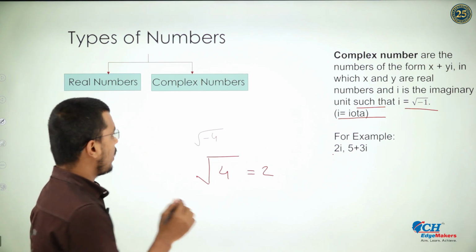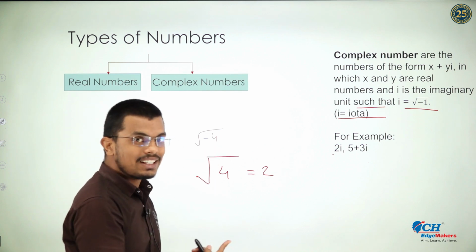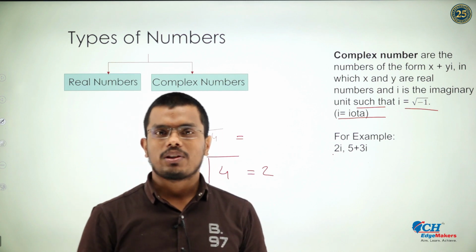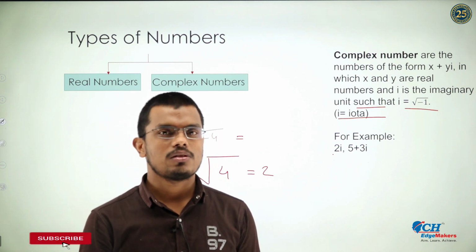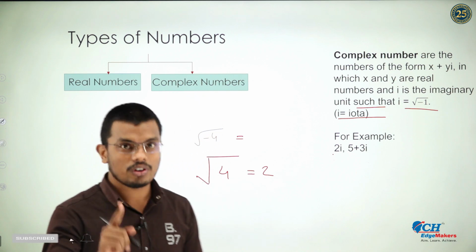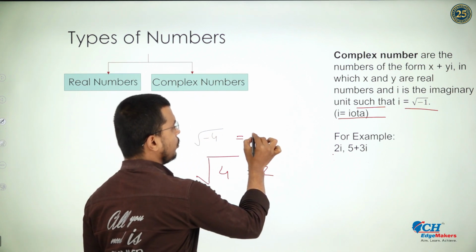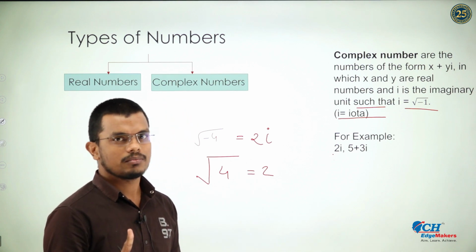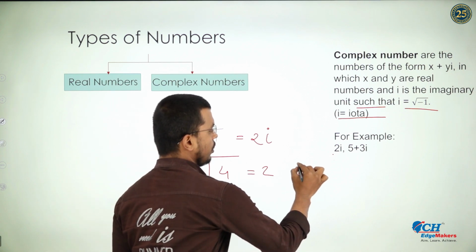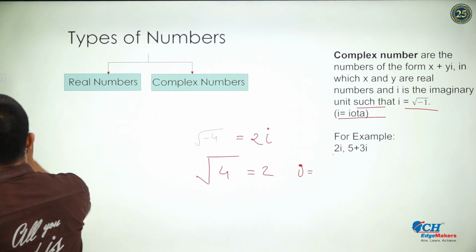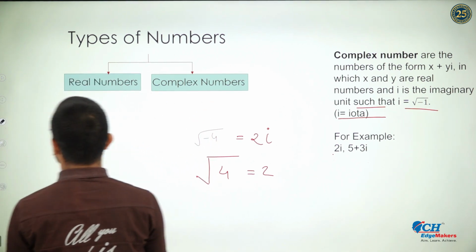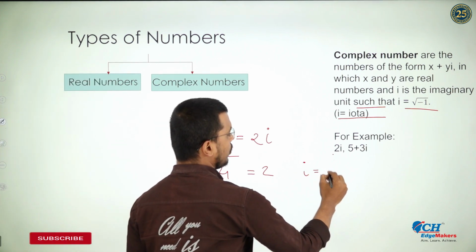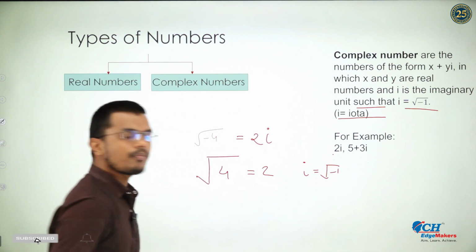But if you try to calculate the value of root of minus 4, it is not calculable, because the square root of negative numbers is not possible. So if you want to calculate this, you have to write it as 2 times i, where i is the iota. Iota is equal to under root of minus 1.